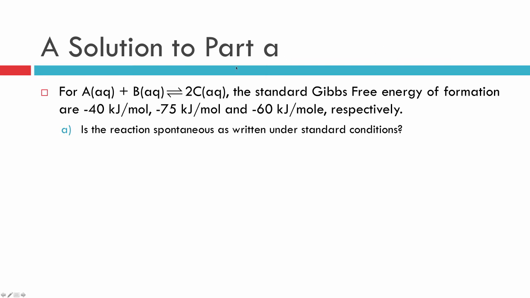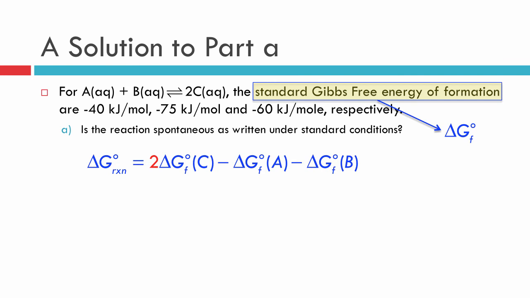We're given in here our respective Gibbs free energies of formation. Those are our delta G's of F. So we have those available to us so we can use Hess's law to calculate this. Now notice the 2 there, we have to go up to our balanced reaction and use the 2 from our stoichiometric coefficient right here, and we have to use it within our calculation of Hess's law.